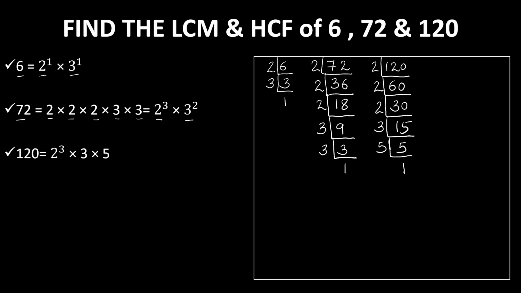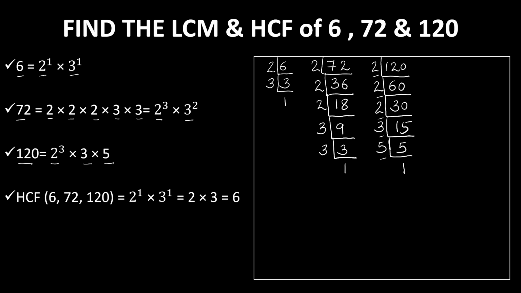Now next we are writing 120 as a product of its prime factors. You could observe there are 3 times that we got 2 over here, right? And we got 3 once and 5 once. So therefore we are writing 2 raised to 3 into 3 into 5.